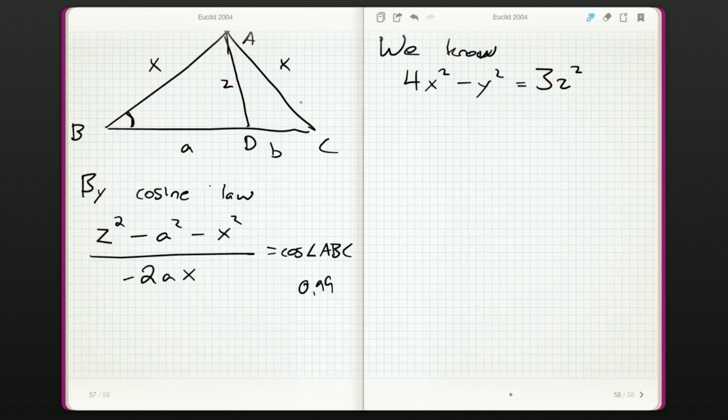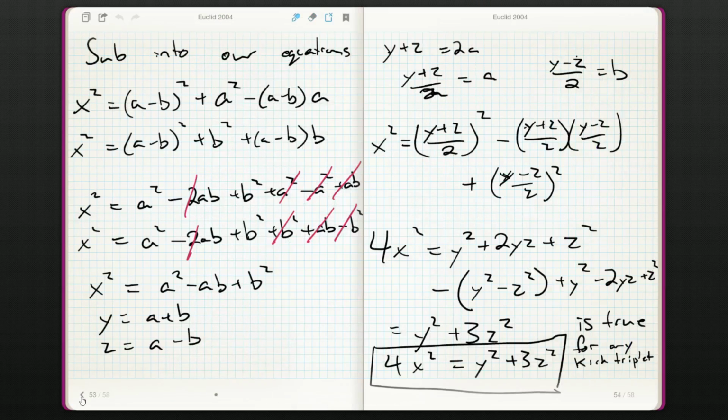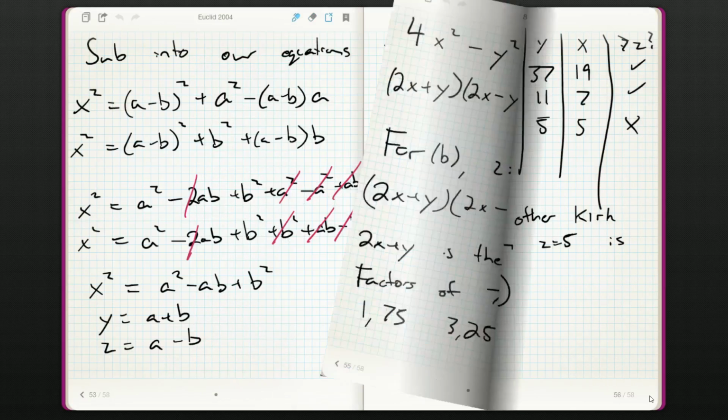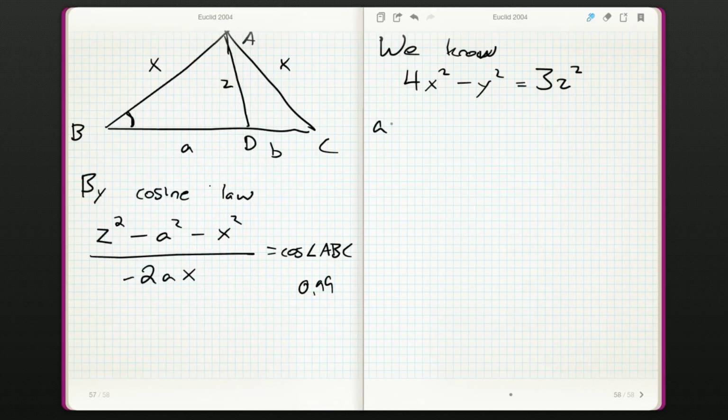Well, what was A? Did we ever get a nice expression for A in terms of anything? In terms of not just B and... Okay, A was y plus z over 2. So I'm going to use that. So we know A is y plus z over 2.